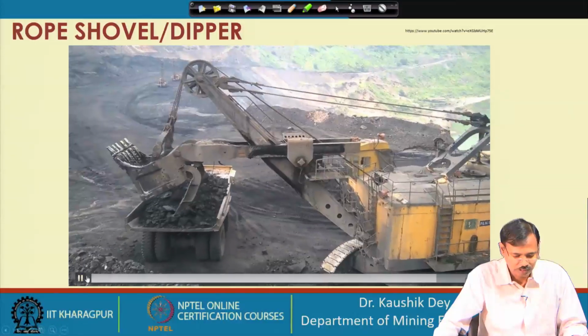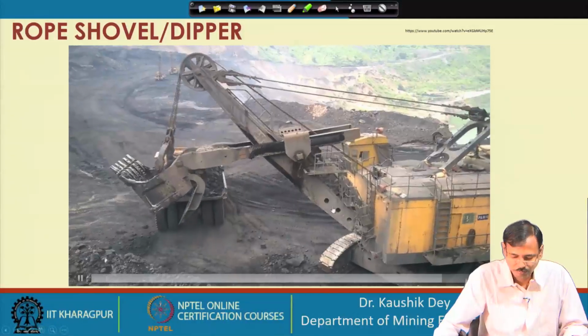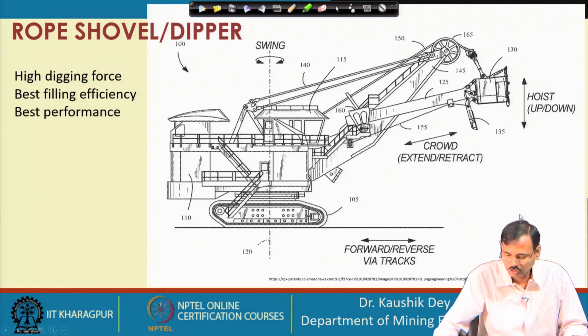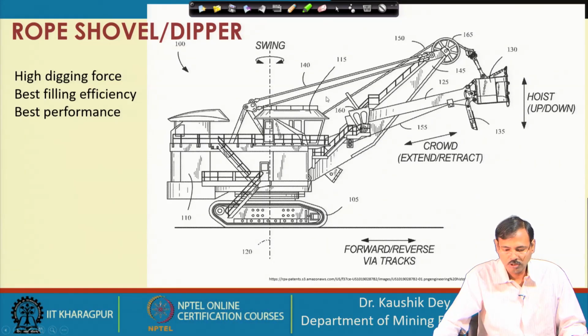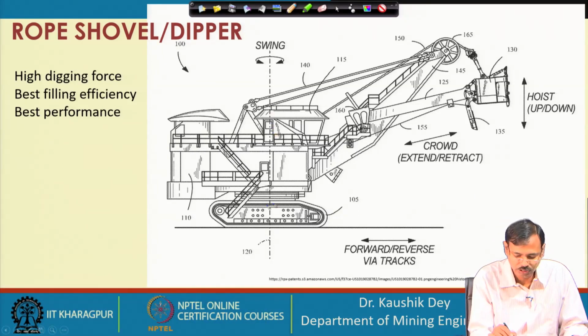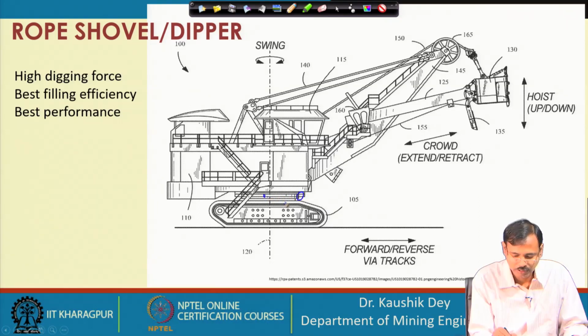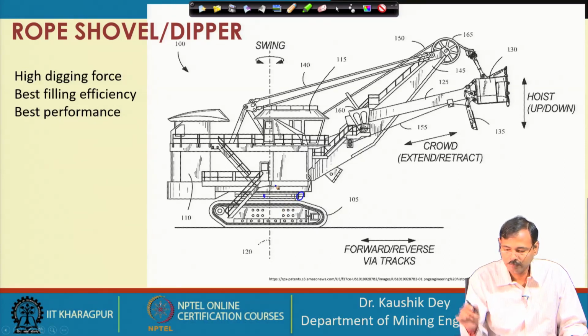So, this is the loading system using this rope shovel, we have already seen this one. These are the different parts, this is the axis at which it is swinging. There is a gear system on this, and it is operating on that gear. So, this is allowing the rotation of the machine.